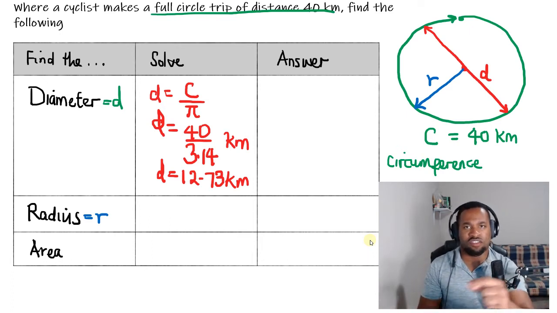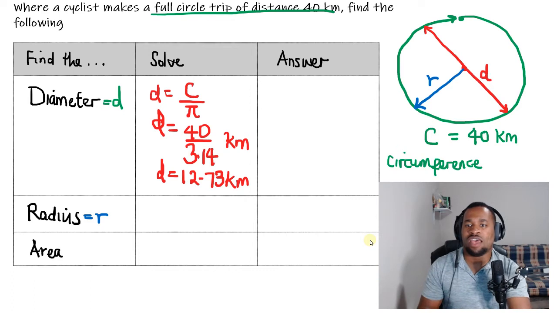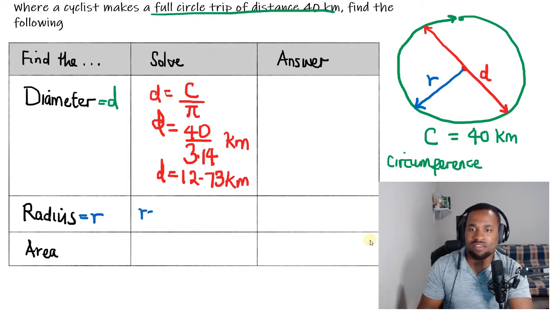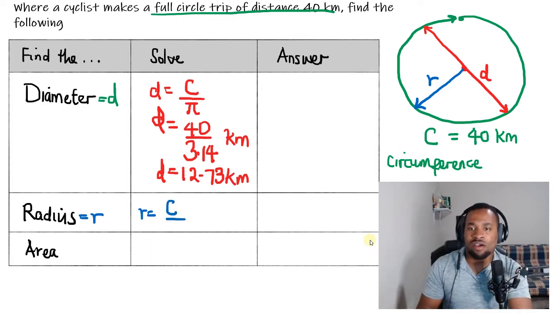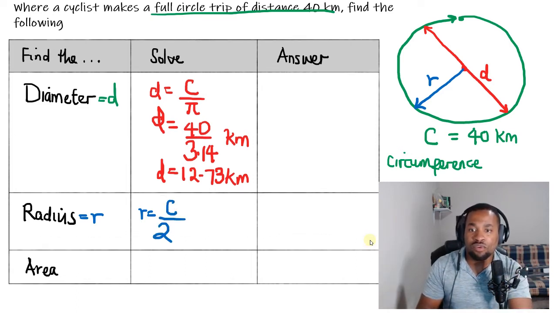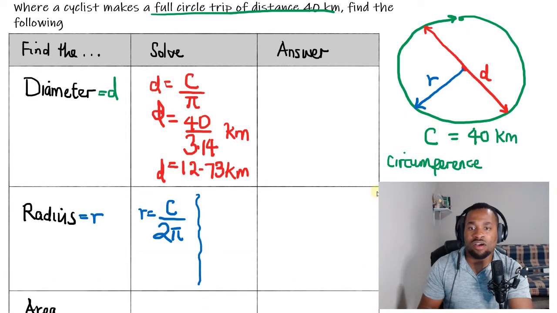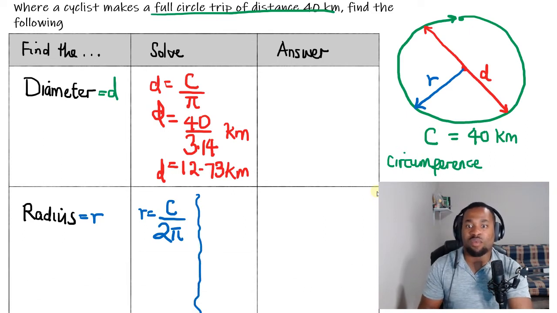We can determine the radius by using the circumference, and from the formulas given, r is equal to the circumference divided by 2 pi. On the other hand, we can use this other formula: the diameter divided by 2 gives you the radius, as shown here.